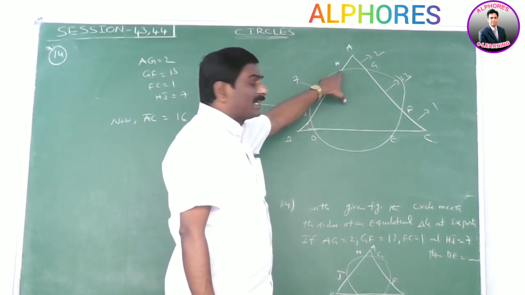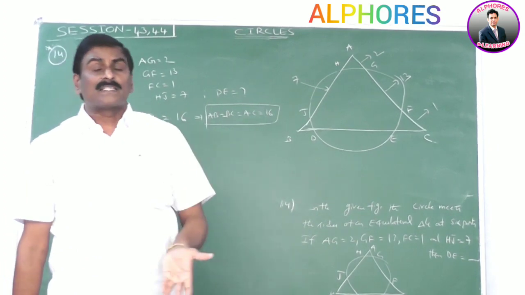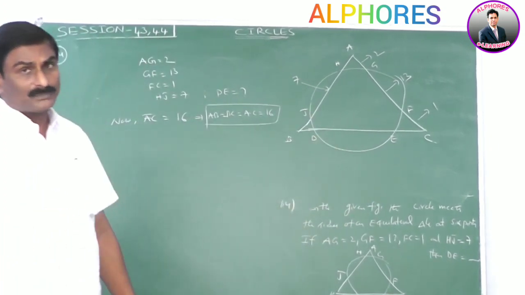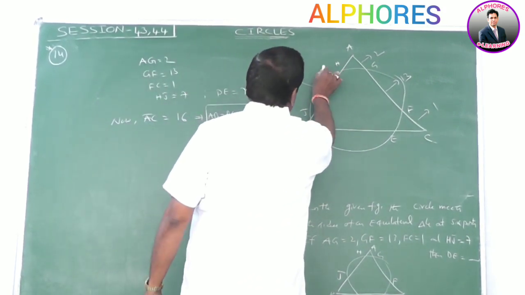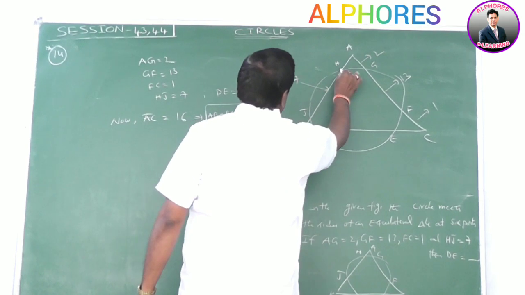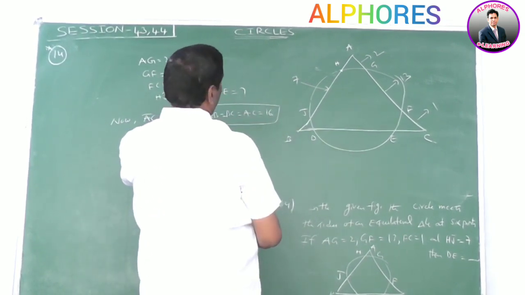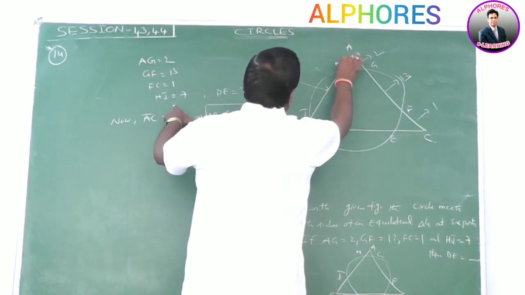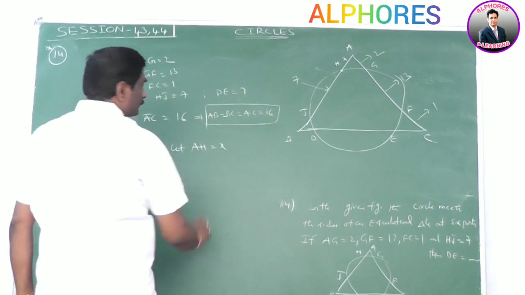If one of the values is known, then automatically by using the side length equal to 16, we find the remaining value. Okay? Say this unknown value is x. Suppose this value can be taken as AH. Here HJ is equal to 7 units. Let AH is equal to x.